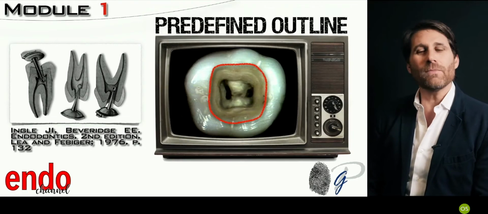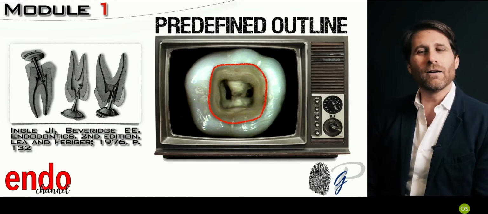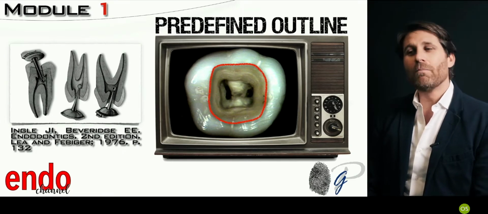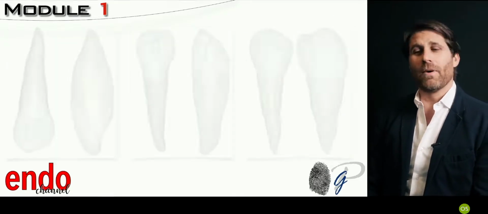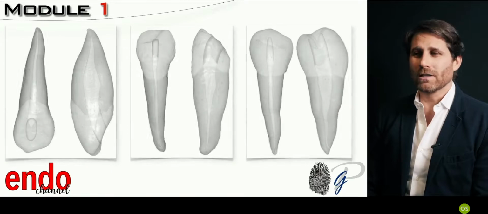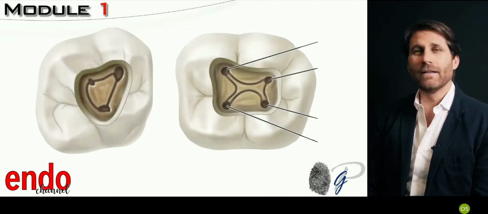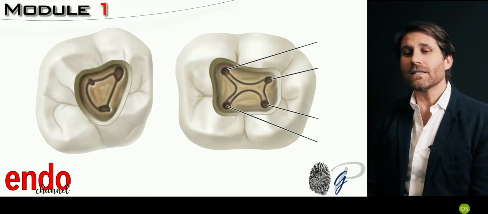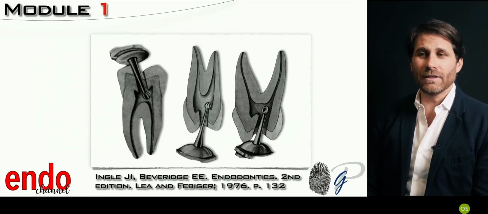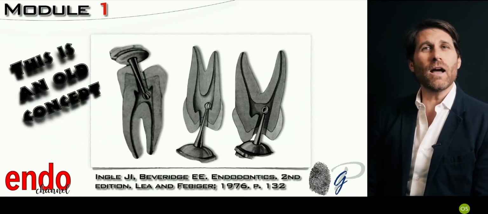So we give a shape that is already predefined in our occlusal surface, without taking care of the root canal anatomy, both for the anterior teeth, superior, inferior, the premolars, but also for the molars. We go to shape a precise shape inside the occlusal surface to access the root canal orifice. This is an old concept. This is the concept that we were taught during our studies in the past.